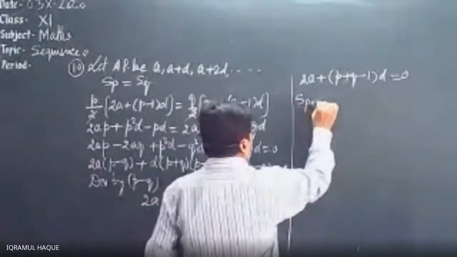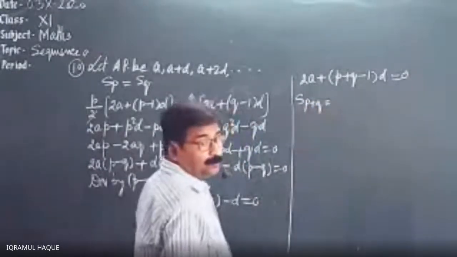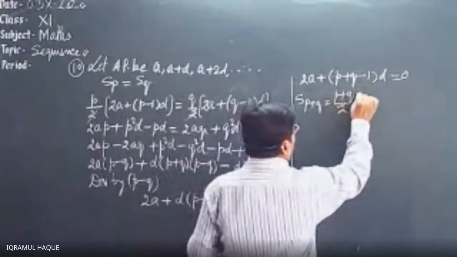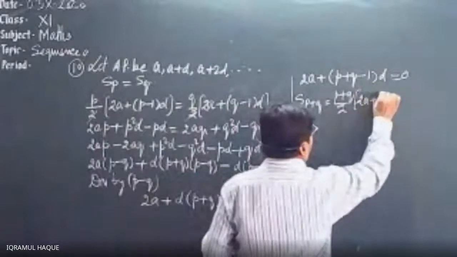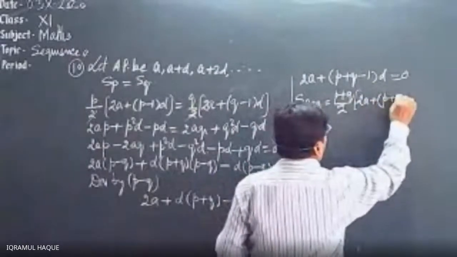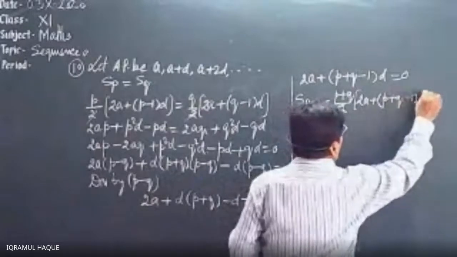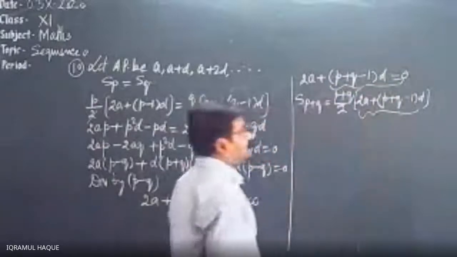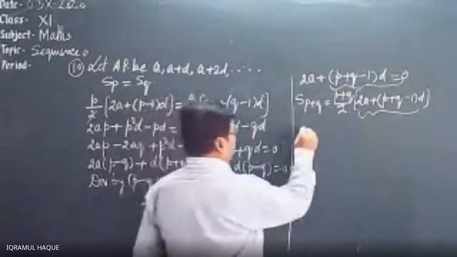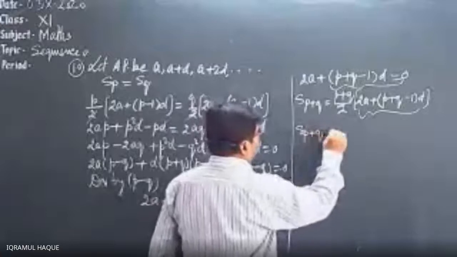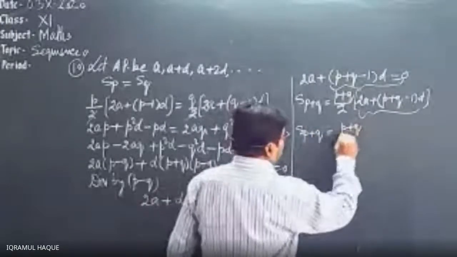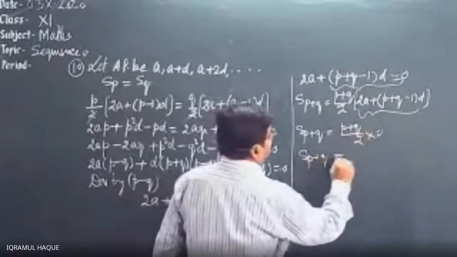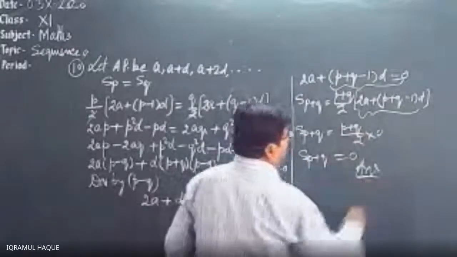S_(p plus q) is equal to p plus q by 2, in bracket 2a plus p plus q minus 1 into d. And this much we have got 0 value. So S_(p plus q) is equal to p plus q upon 2 into 0. So S_(p plus q) is equal to 0 is the answer.